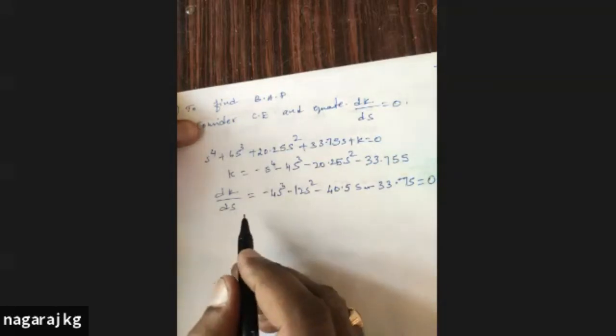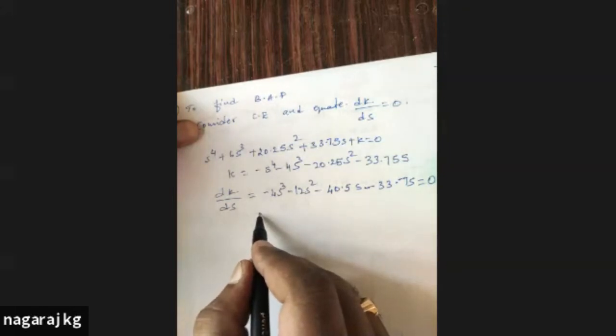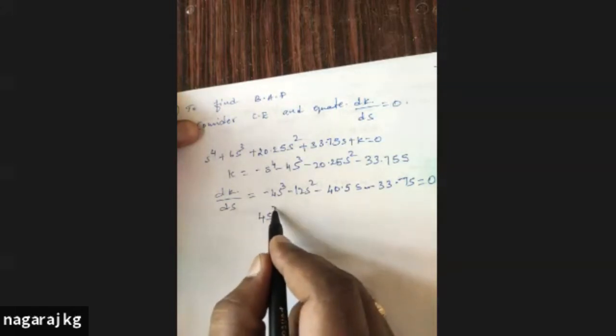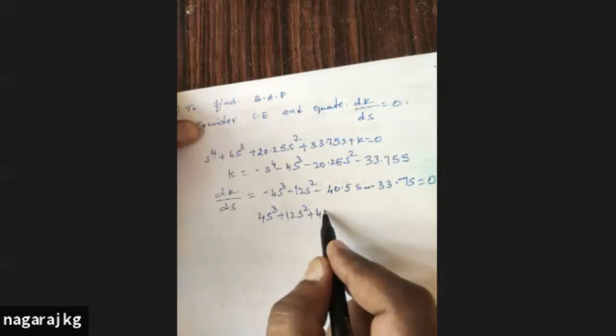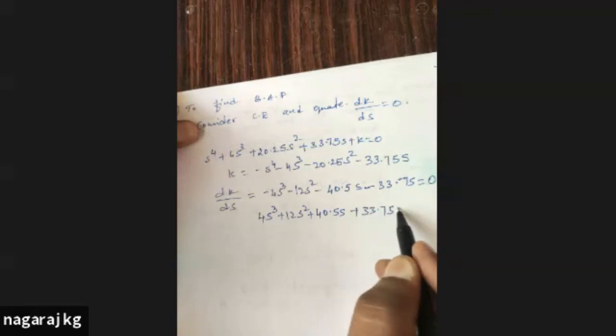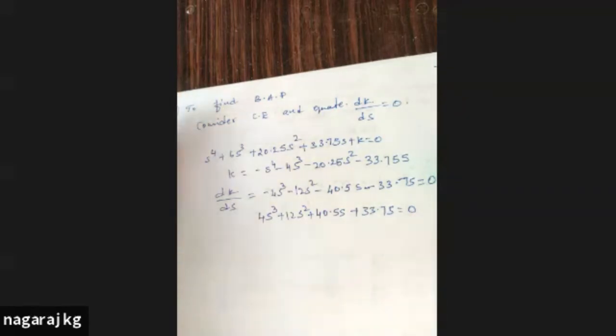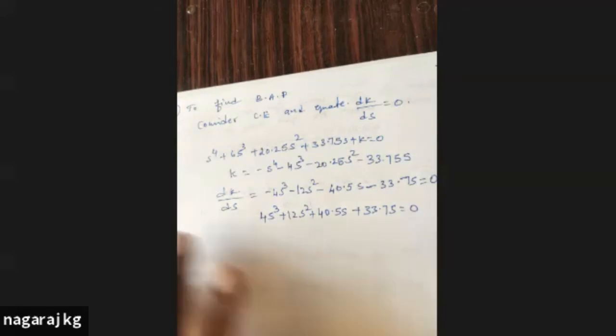Now we have a third order equation, 4s cubed plus 18s squared plus 40.5 s plus 33.75 equal to 0. This is the equation you got. Now you find the roots of this third order equation. Because it is a third order equation, we are going to have 3 roots.